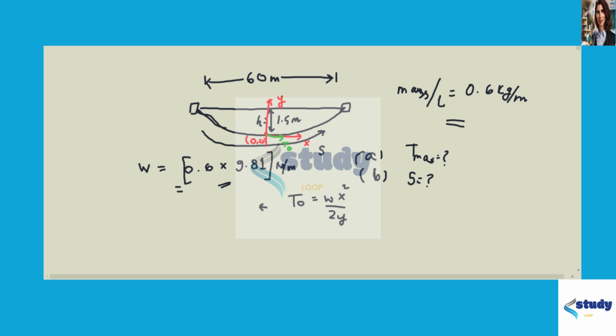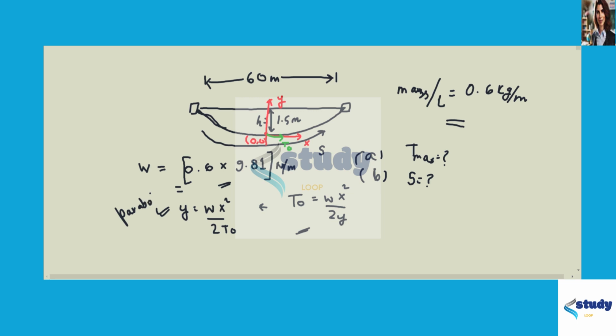Let me tell you where this formula comes from. This comes from the fact that y is equal to w x squared by 2 T naught. We just rearrange terms and we get this. This equation is the equation of a parabola.